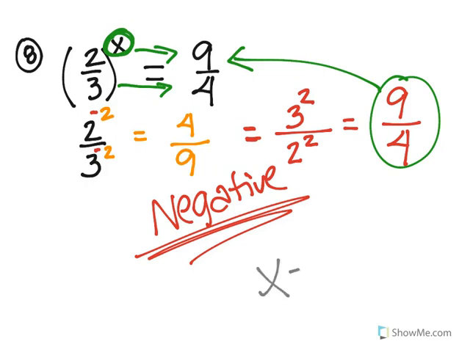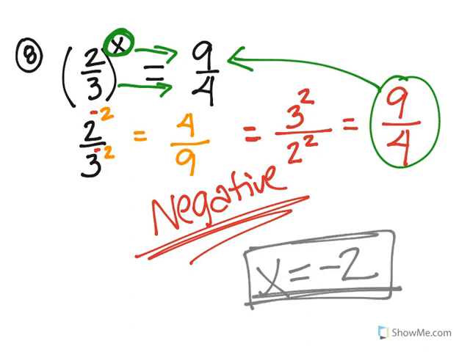Well, x has to be negative 2. And that's just thinking without me having to write out the work. My numbers are in the wrong spot, so in order for me to flip, I have to have a negative exponent. So my answer would be negative 2. This concludes number 8.